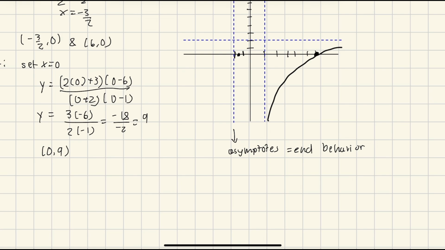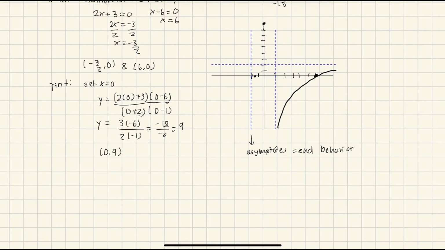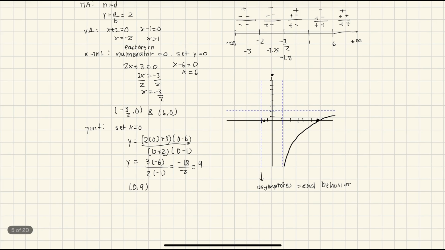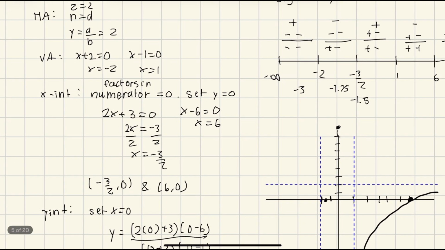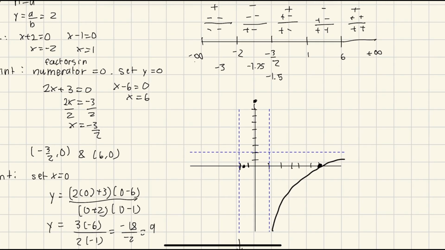So how do we know which side of the asymptotes the graph is on? Well, we know from the sign analysis. That's why we did it up here. From -infinity to -2, it's going to be on the positive side of the asymptote, so it's on this top side here.